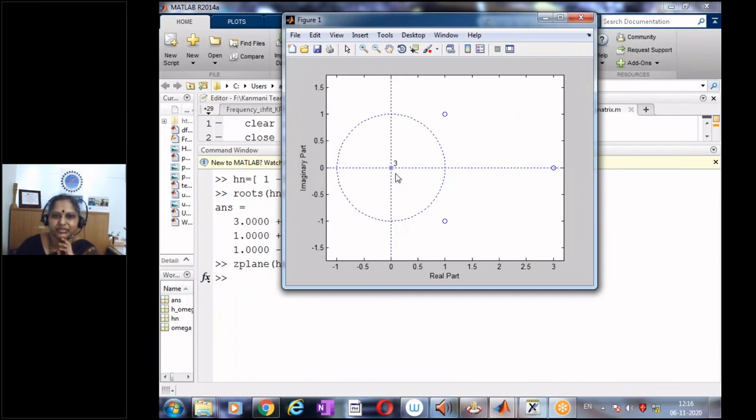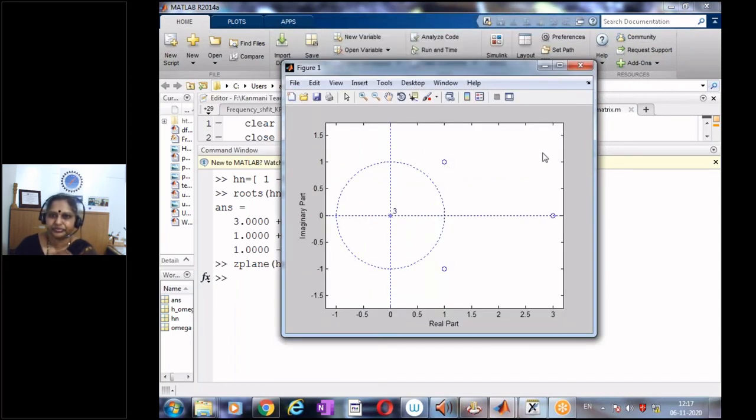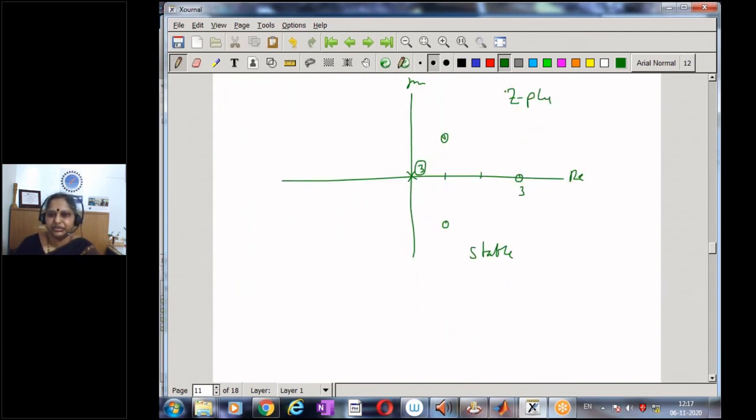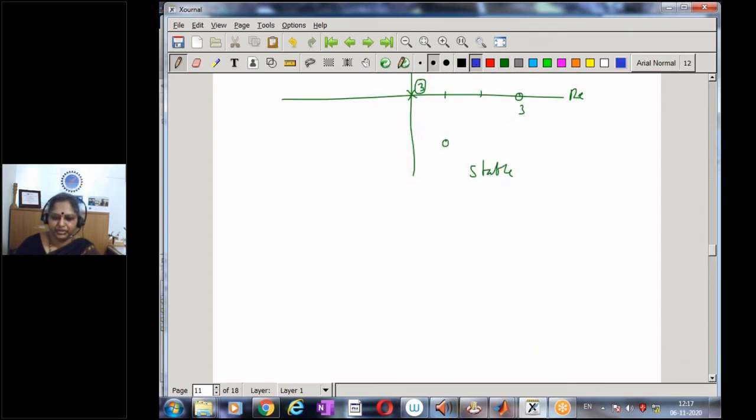So this is what we have: 3 poles at the origin, a zero at 1 plus j, a zero at 1 minus j, and another zero at 3. This is our pole zero plot. Now let's take up the next representation, which is the frequency response.